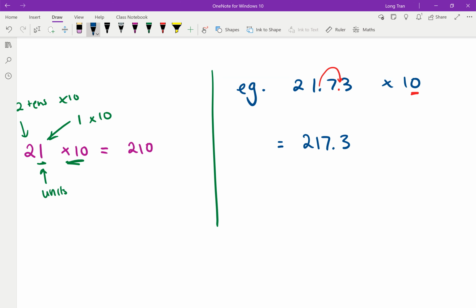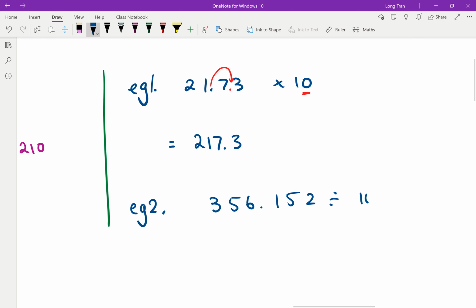You can memorize that if you times by 10, you get larger, so you move the decimal point to the right. What about division? What if I gave you 356.152 and I said divide by 100? What does that equal? 3.56152.